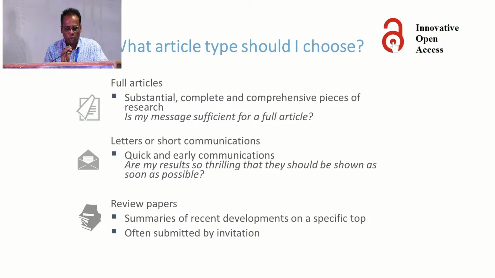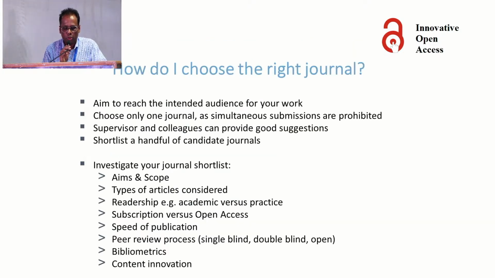Letters or short communications are quick and clear communication, for when my article results are thrilling and should be shown as soon as possible. Review papers summarize recent developments on a specific topic and are often submitted by invitation.